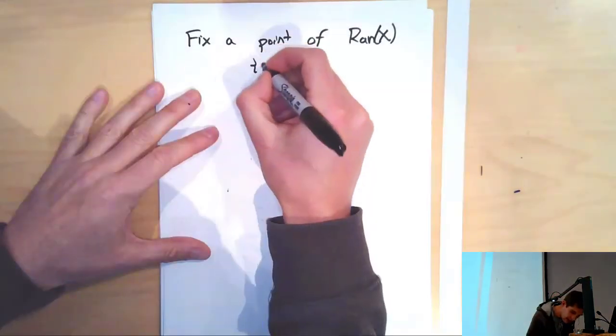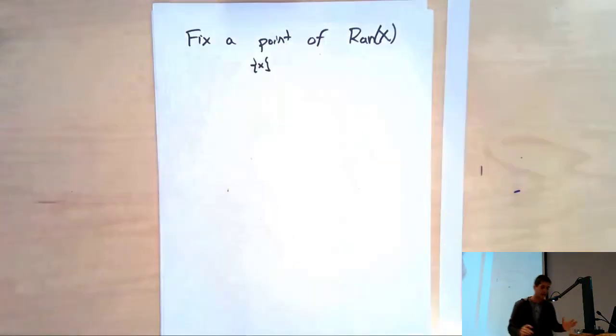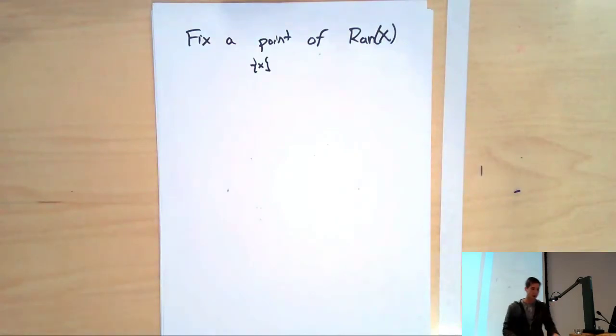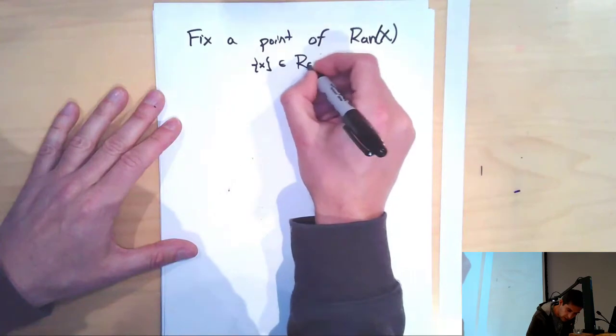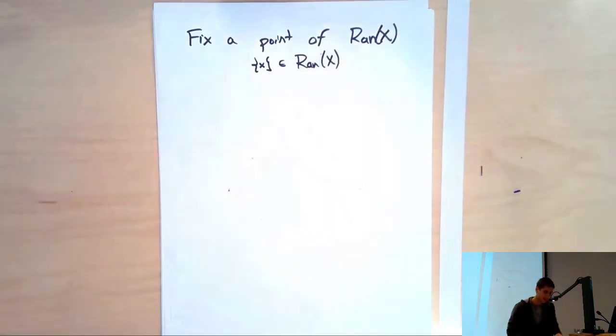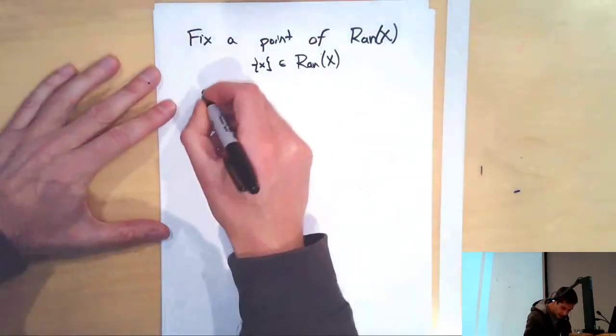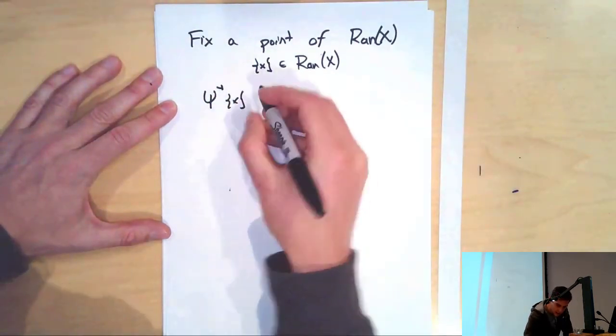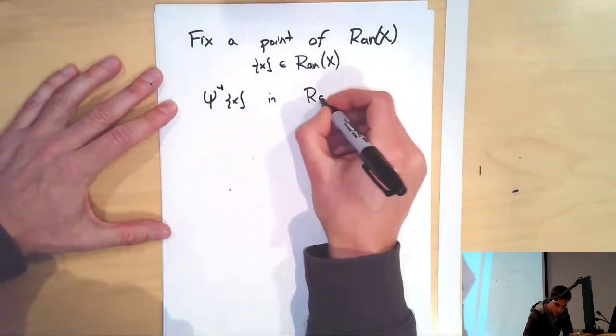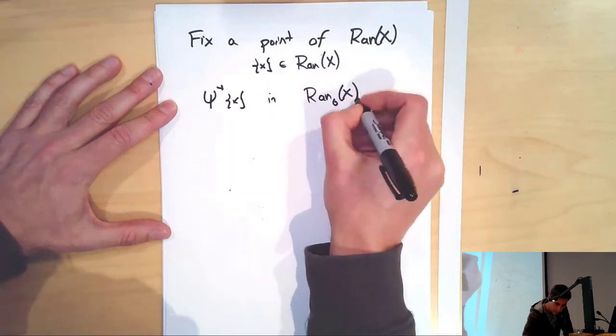And for simplicity, let's say that that finite subset has just one point in it. So the set {x}, I want to think of this as a point of Ran X. And now I want to take the inverse image of this point in Ran_G(X).